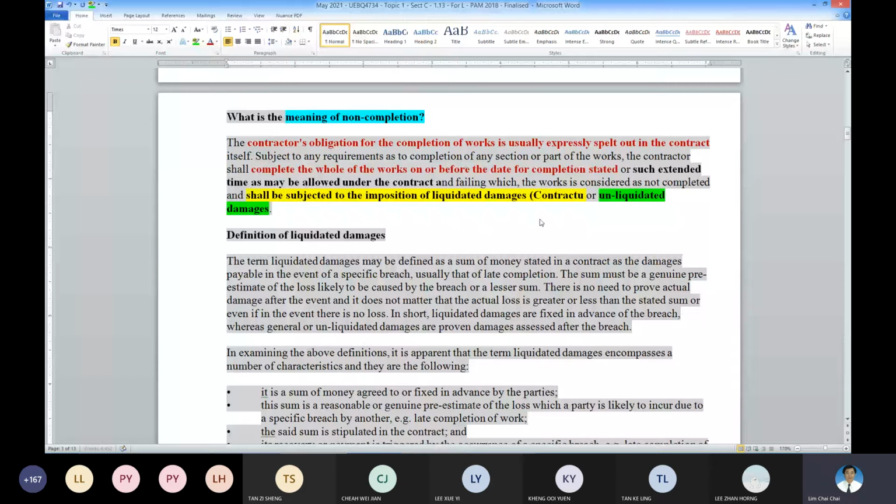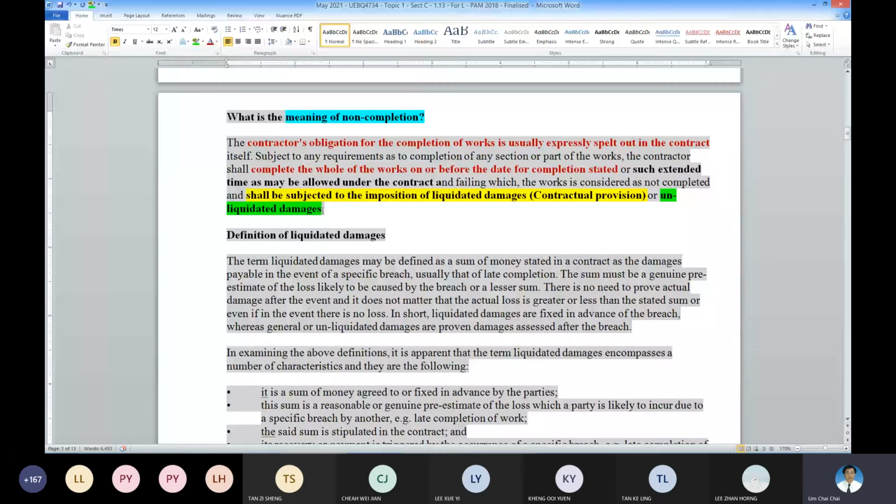To see the difference, contractual rights and common law rights.